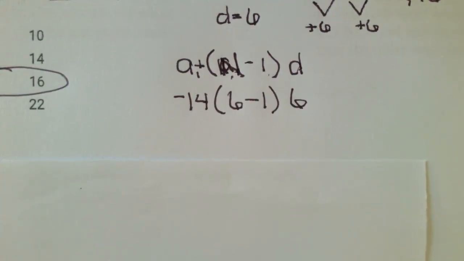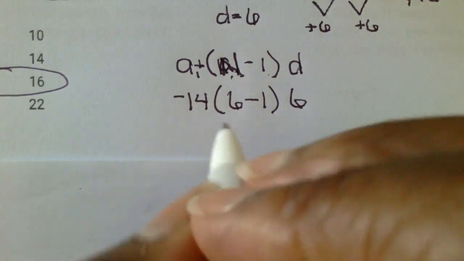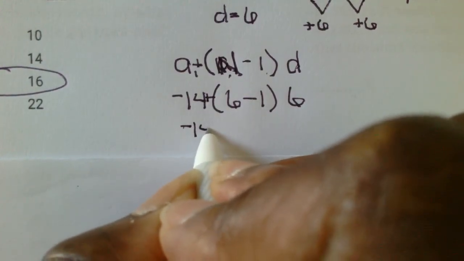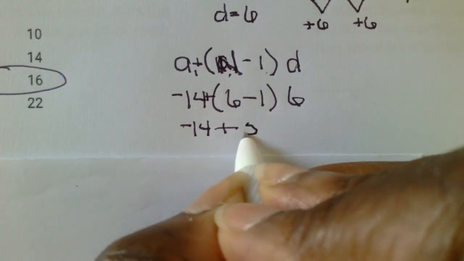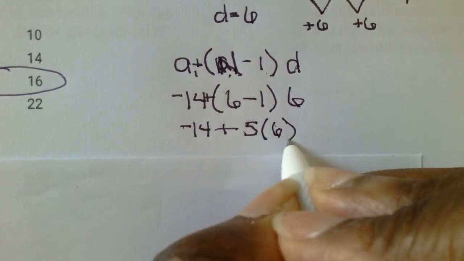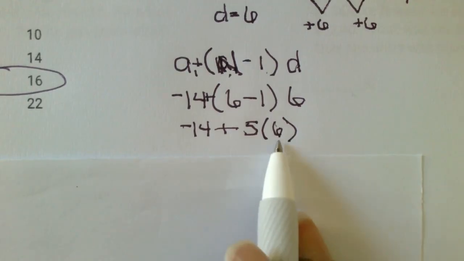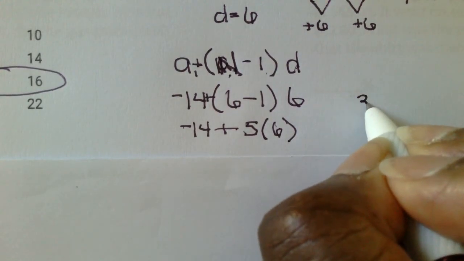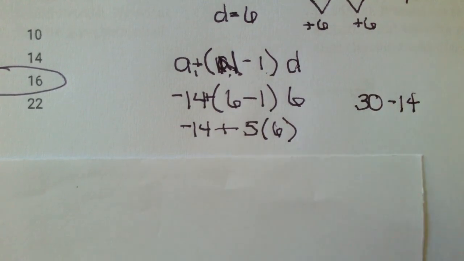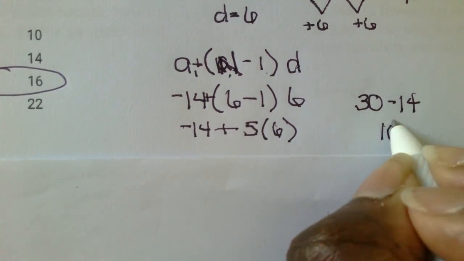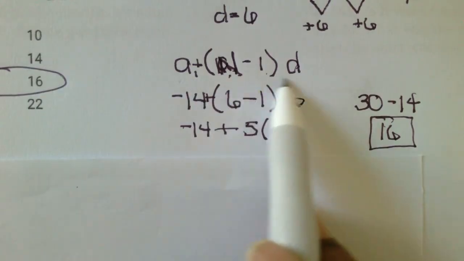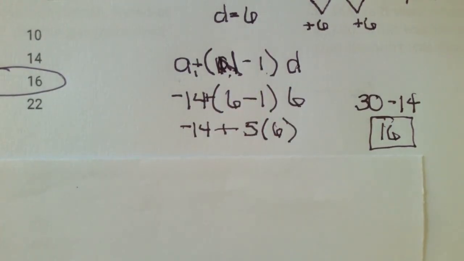So you have your 6 minus 1, that gives you 5, and there should be a plus sign in between. So negative 14 plus 5 times your d, which is 6. Then 5 times 6, order of operations, gives you 30. And 30 minus 14 will give you your 16. So for the person that asked how we did it algebraically, this is how.